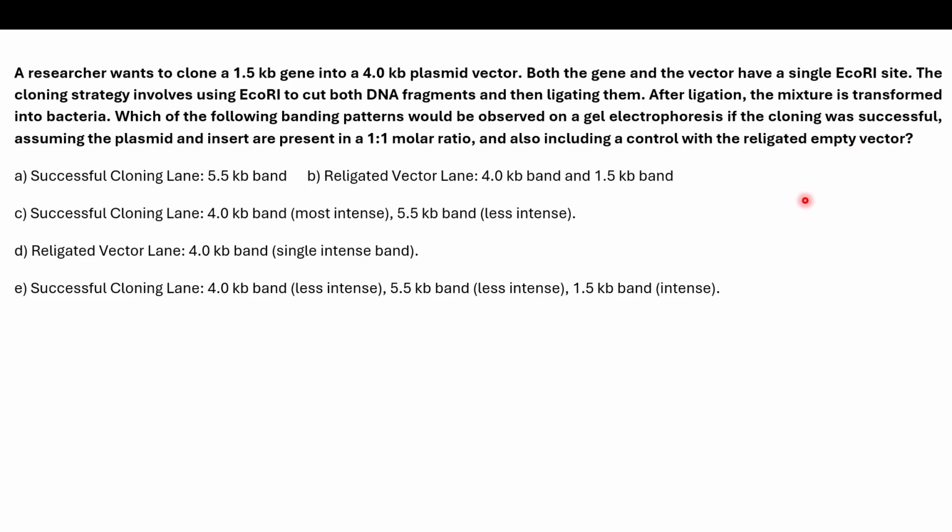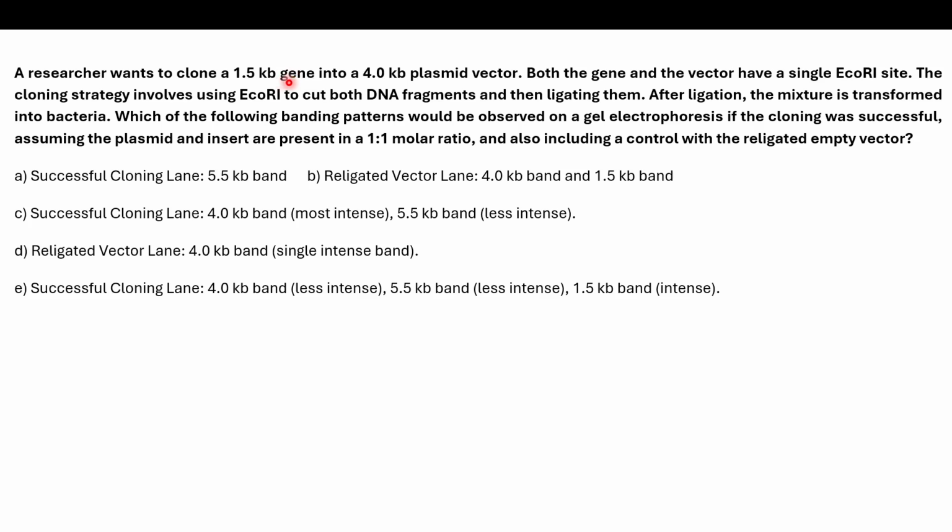Okay, so in general, you have a 4 kb plasmid vector which has been cut with the restriction enzyme, producing sticky ends. Your gene of interest, which is the insert here, has also been cut with the restriction enzyme in question.